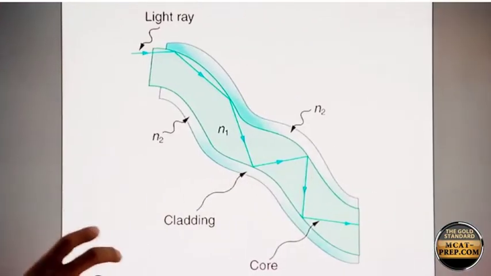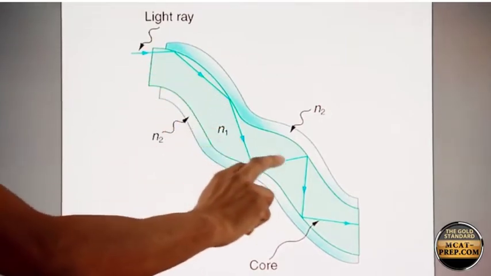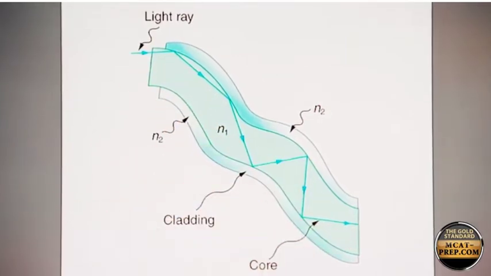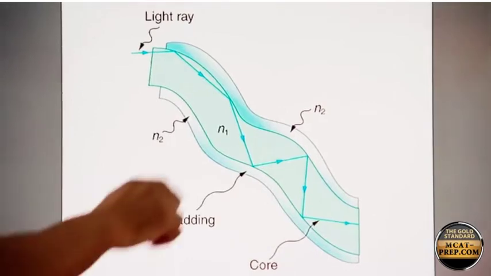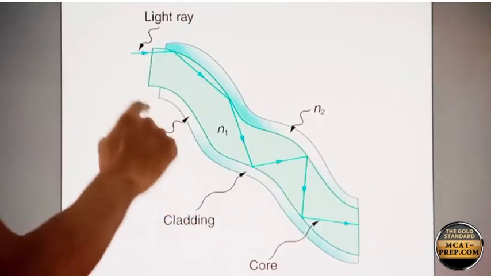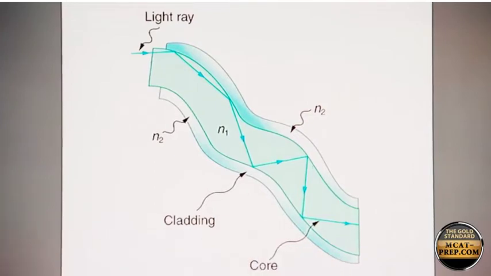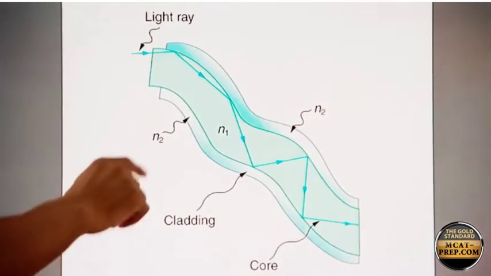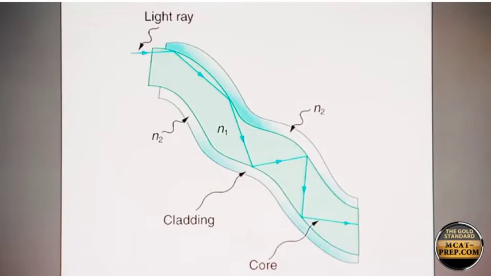Okay, now we are looking at a single fiber. Here is the inner part of the fiber, or the core, and it has an index of refraction, N1. And here's the outer part of the fiber, which is called the cladding, and it has an index of refraction, N2.